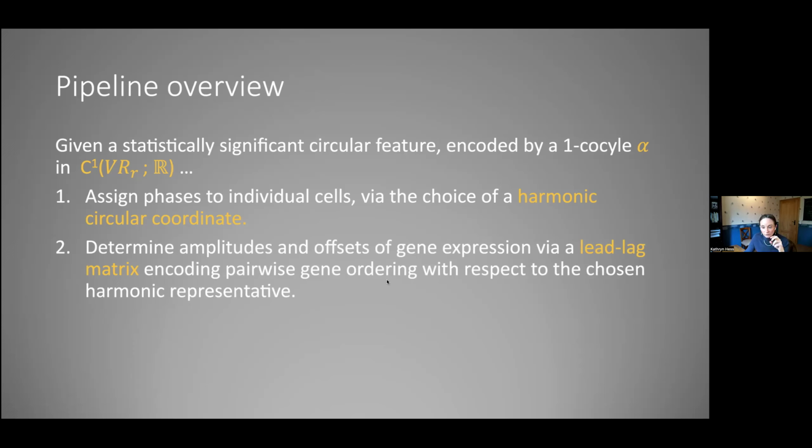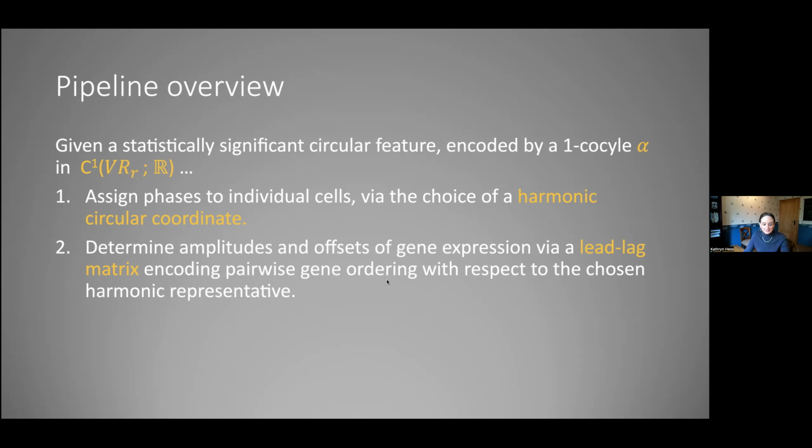Then once we have the circular coordinate, we want to figure out the different phases or offsets of the gene expressions and the amplitudes of the gene expression. The way we do that is by something called a lead-lag matrix, which looks at the pairwise gene ordering of the different genes with respect to a chosen harmonic representative of the cocycle. This is getting a little more technical, so we'll go through it slowly.